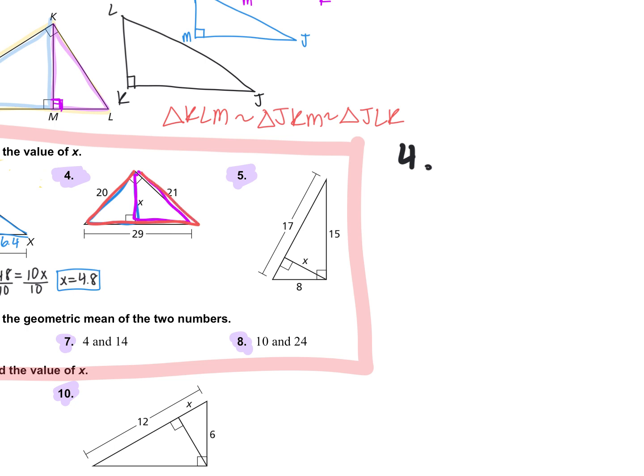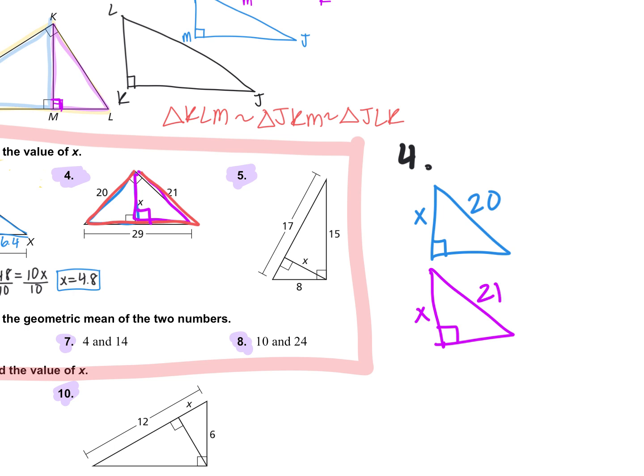So my blue triangle, again, it definitely helps to draw it out. You're going to have 20 for your hypotenuse and X for your side. My purple triangle. Here's my right angle. X for my side, 21 for my hypotenuse.